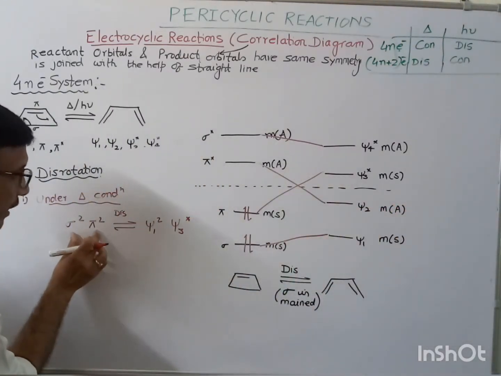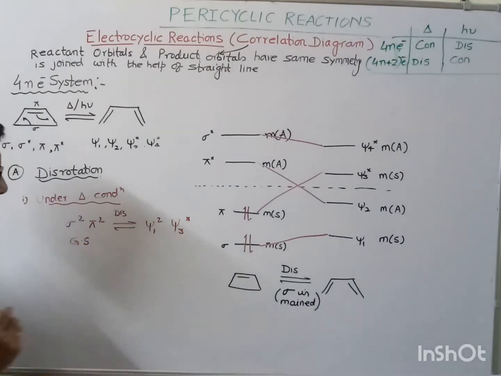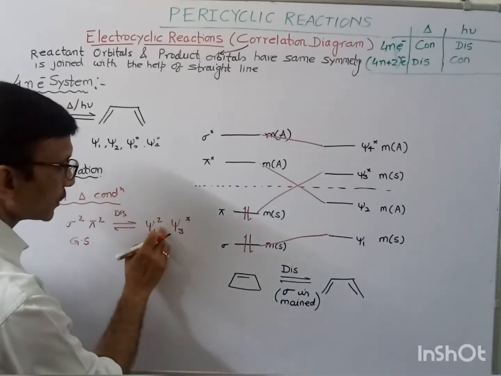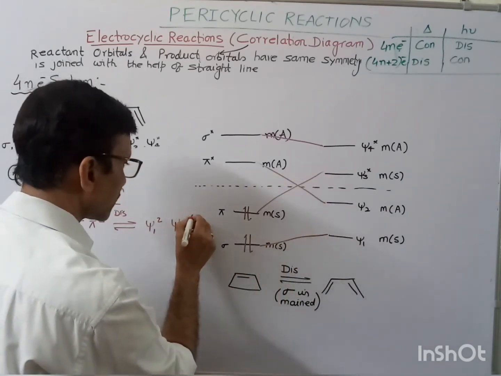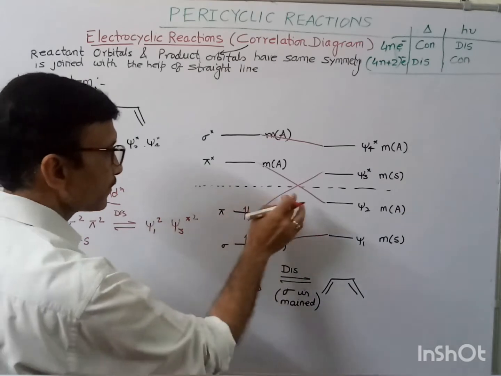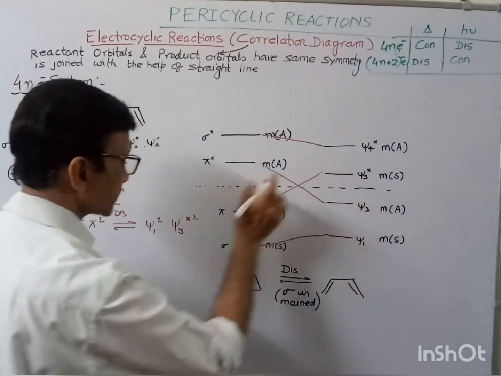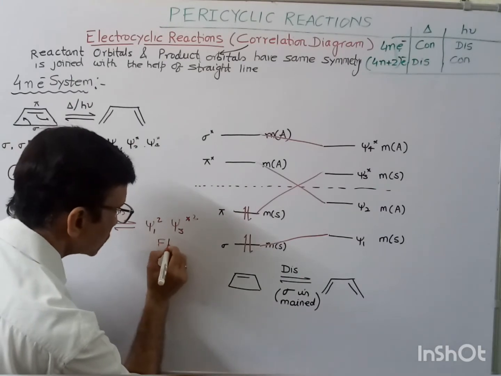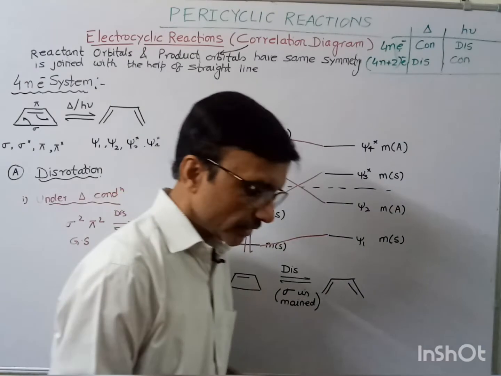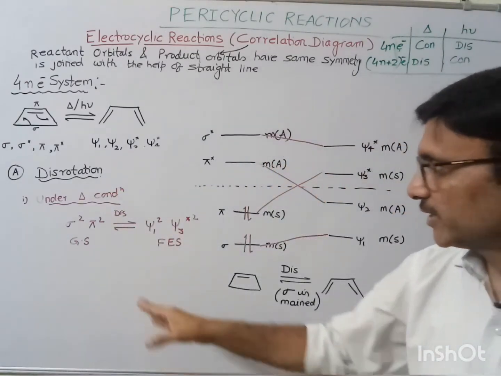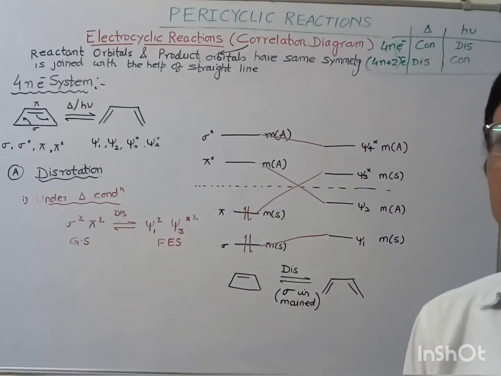So sigma and pi are the ground state, whereas psi 1 squared and psi 3 star 2 is our first excited state. Psi 3 is the first excited state. So the transfer of electrons from the ground state to the first excited state is not a favorable one.